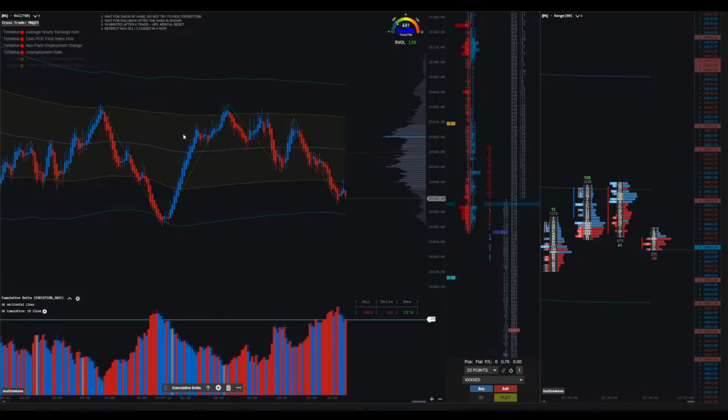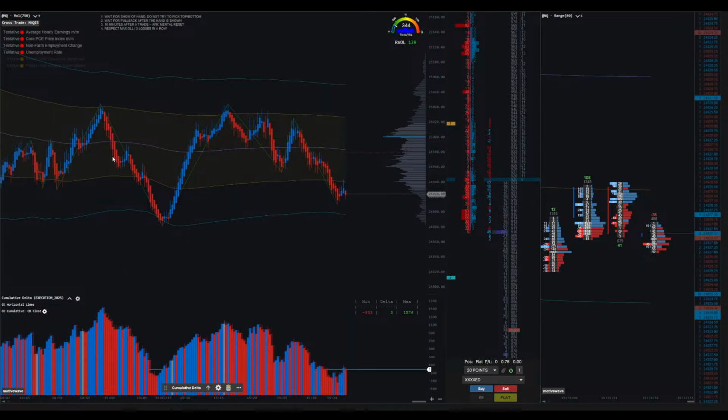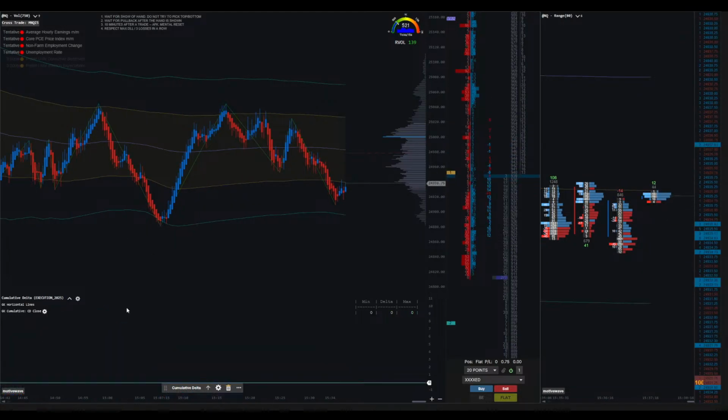Looks like it's happening. We dipped above and now we're just gonna continue going down. Yeah. Fuck, I hate this scaling bullshit. Big sell.